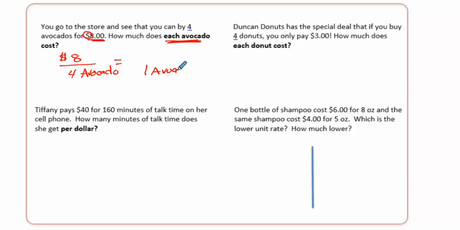If I divide 8 divided by 4, what would that be? So $2. All right, why don't you go and do this one and this one.